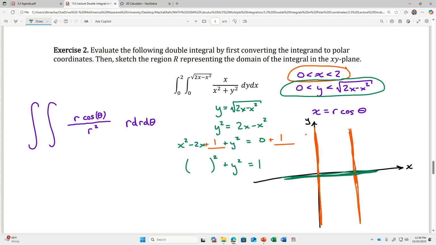What's my perfect square? X minus 1. So this is the equation for a circle with radius 1, and it's not centered at the origin. It's centered where?